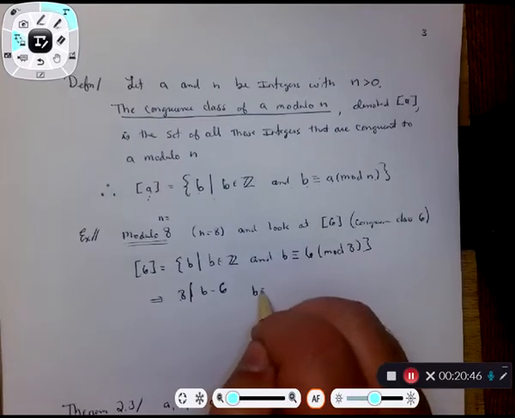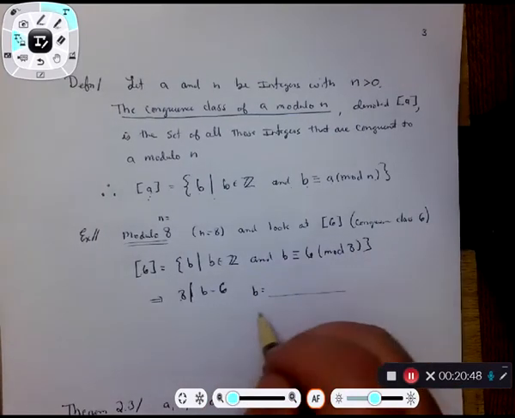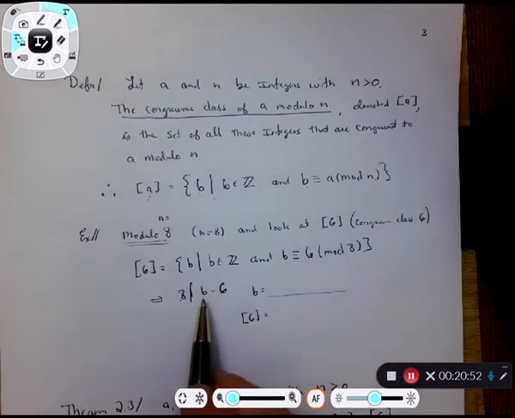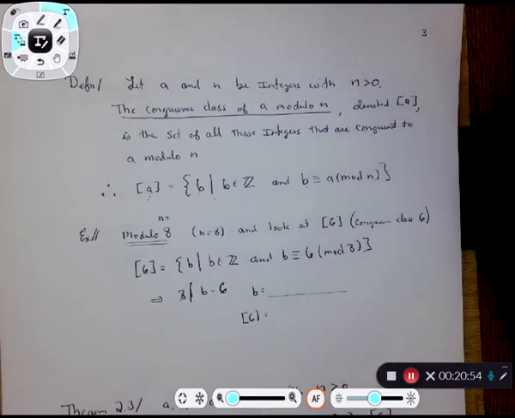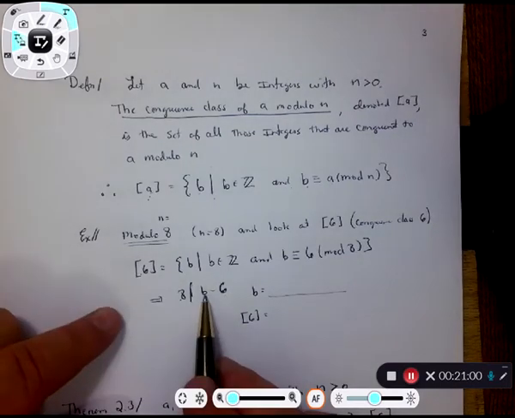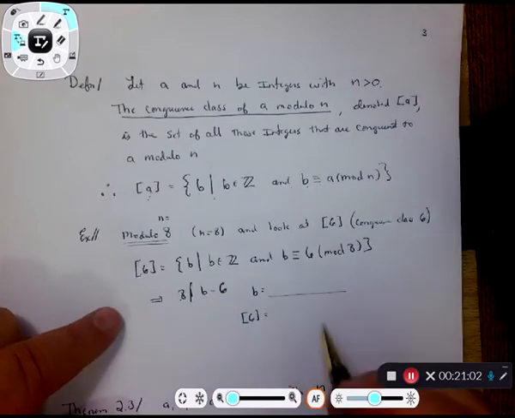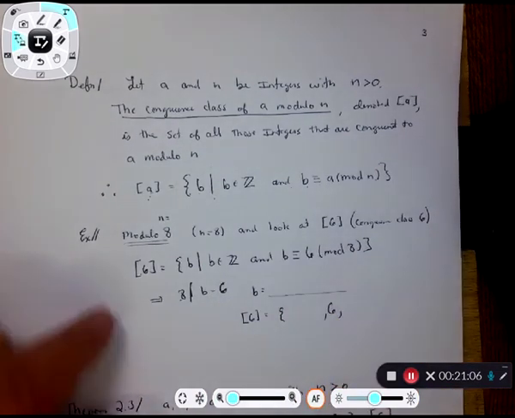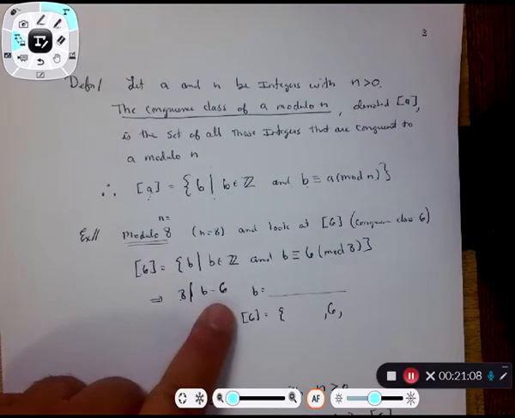Who are the B's going to be equal to? That's what the equivalence class of 6 is going to be. When I plug in a number and subtract 6, what are the numbers that 8 divides? Well, first off, remember you're always in your own equivalence class. So you're going to have 6 in there. 6 minus 6 is 0. Clearly 8 divides 0.